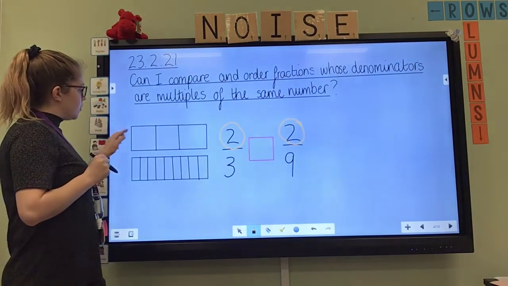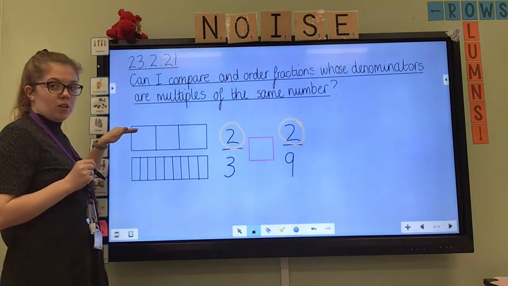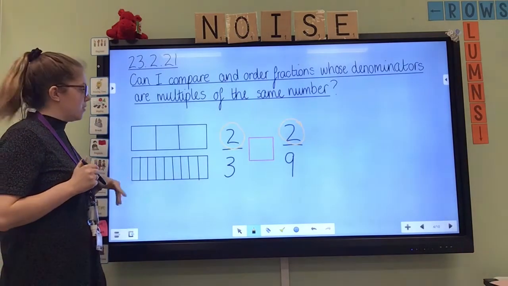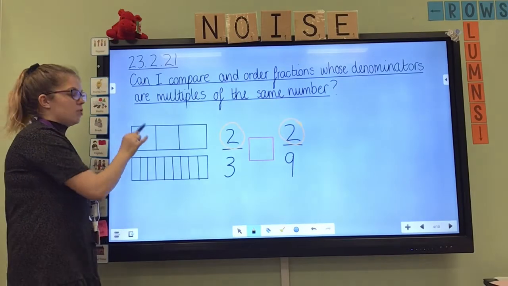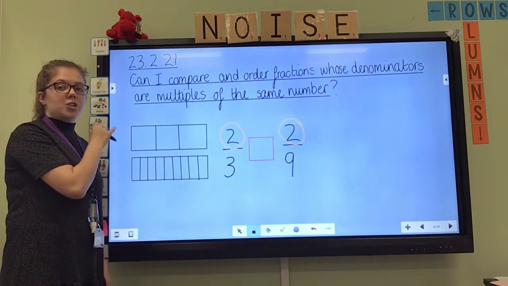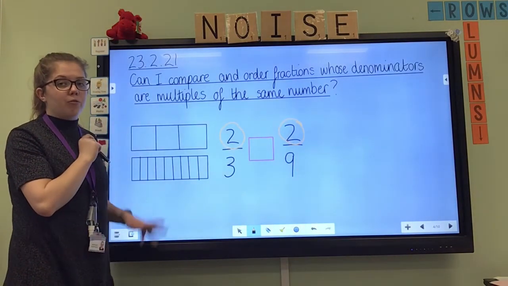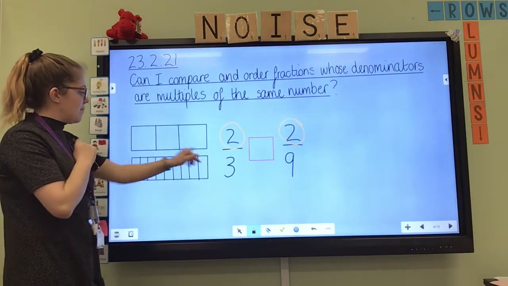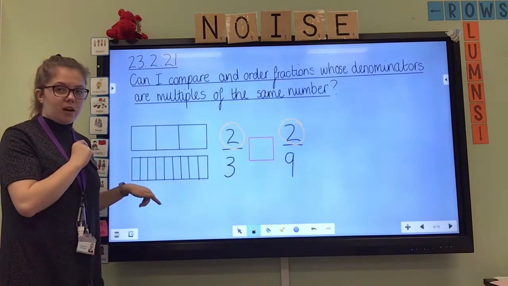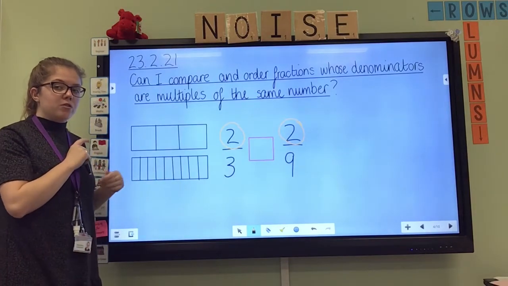So I've got two bars here. I've split one into thirds and one into ninths. Now we can see nice and clearly here that when I split something into thirds, I get a much larger share or a much bigger piece of the whole, compared to if I cut the same whole, these wholes are the same size, into ninths.